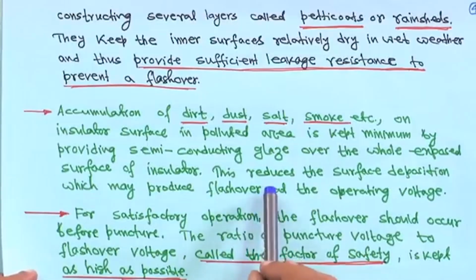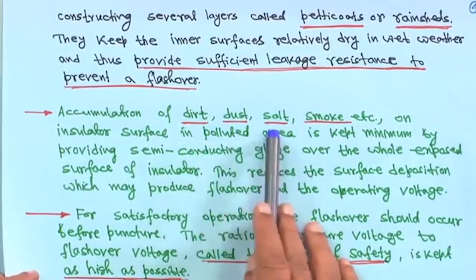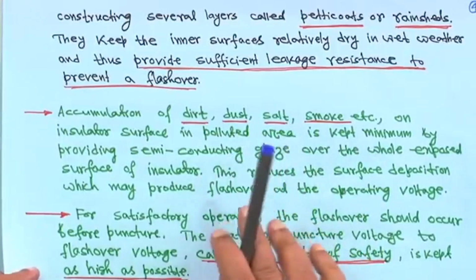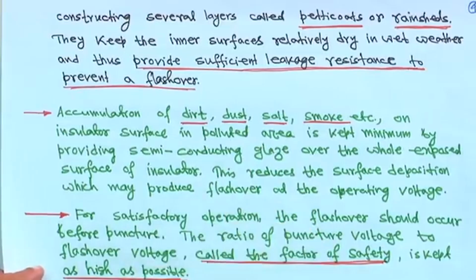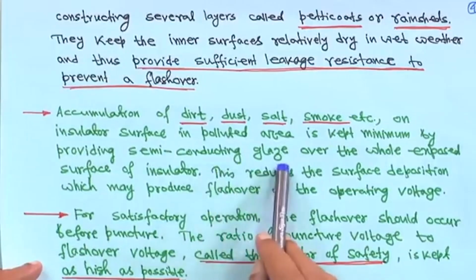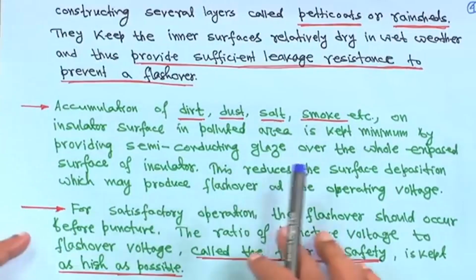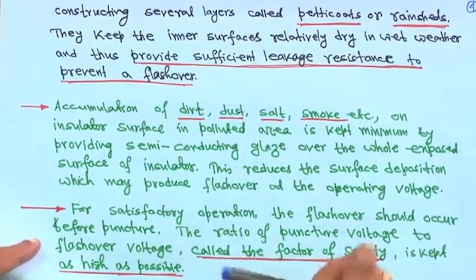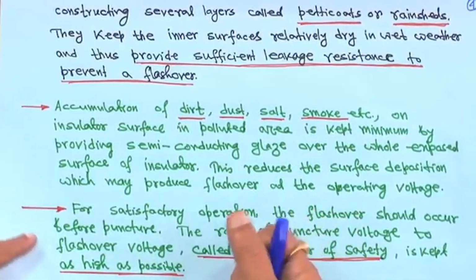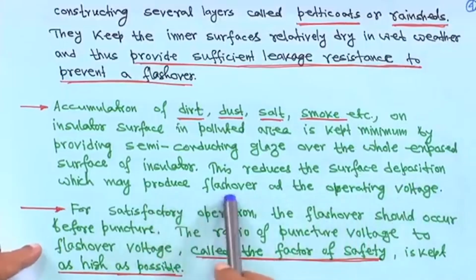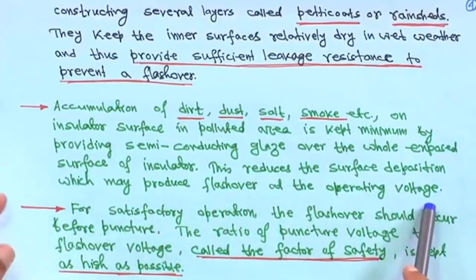So, deposition will be less on the top portion of the insulator. That is why you will find a semi-conducting glaze over the whole exposed surface of the insulator. The insulator is made of porcelain and it is very heavy, it is not easy to pull one unit by hand, right. This reduces the surface deposition which may produce flashover at the operating voltage.